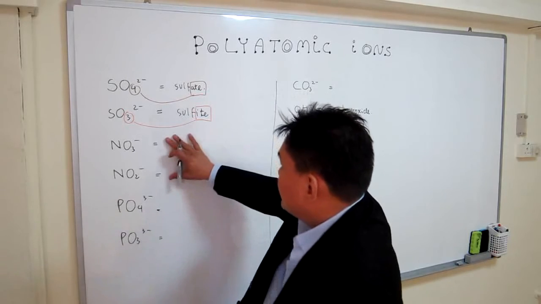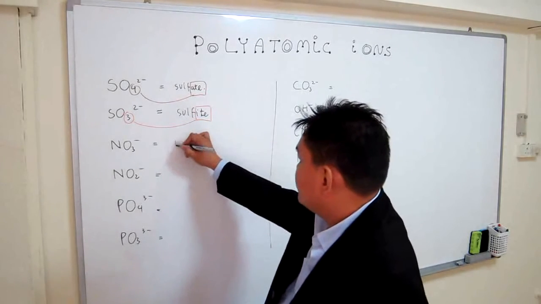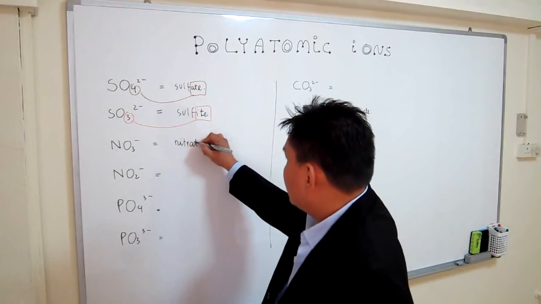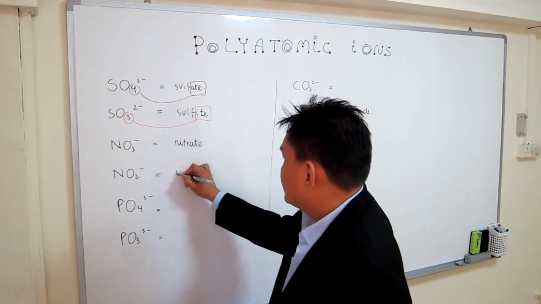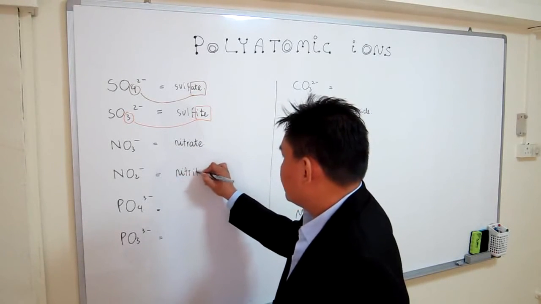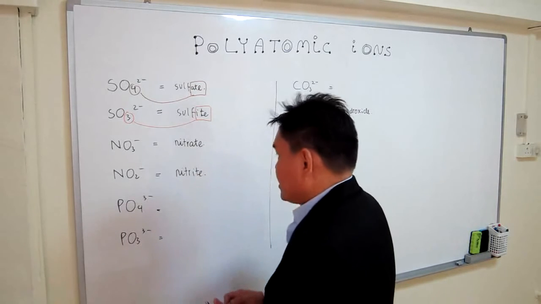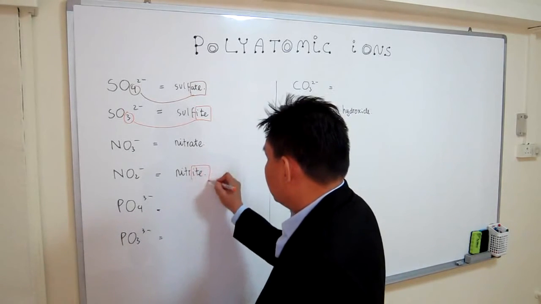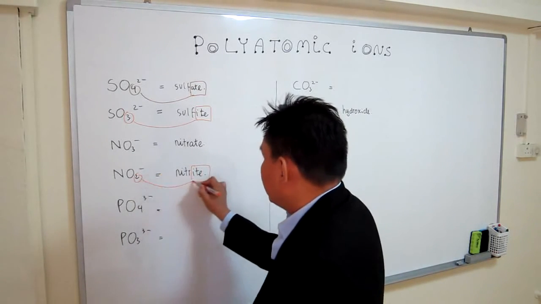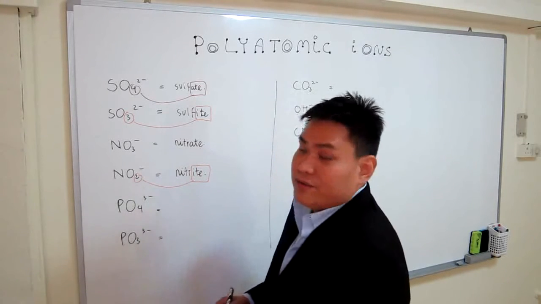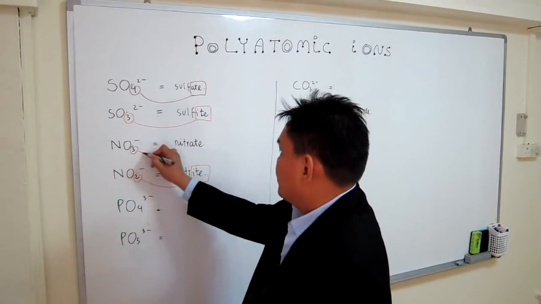Similarly, NO3- we are going to call nitrate, and NO2- we call nitrite. For the same reason, NO2- has less oxygen than NO3-.